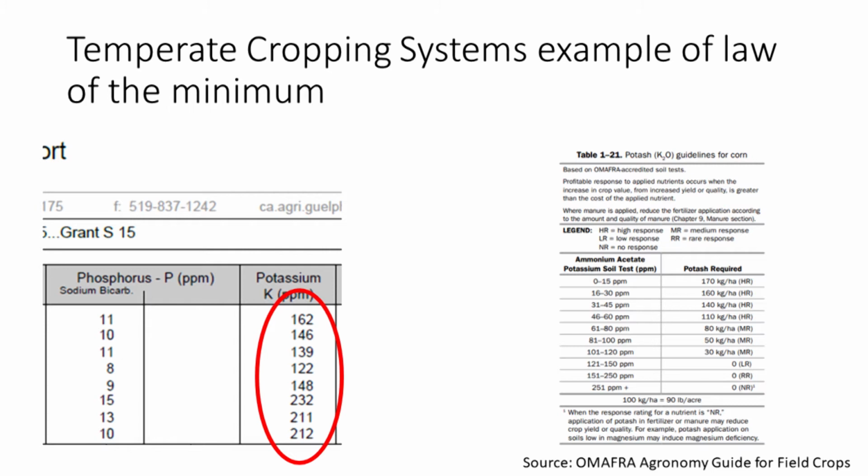Anything below 120 ppm will have a recommendation associated with it to apply some potassium. But all these test scores say that I have more than enough potassium based on this recommendation, and so there is no need at all to apply potassium.